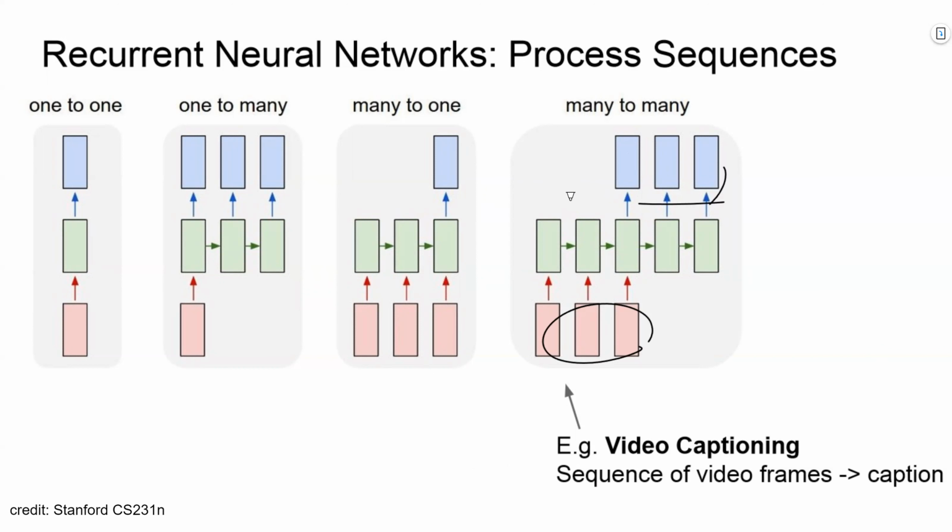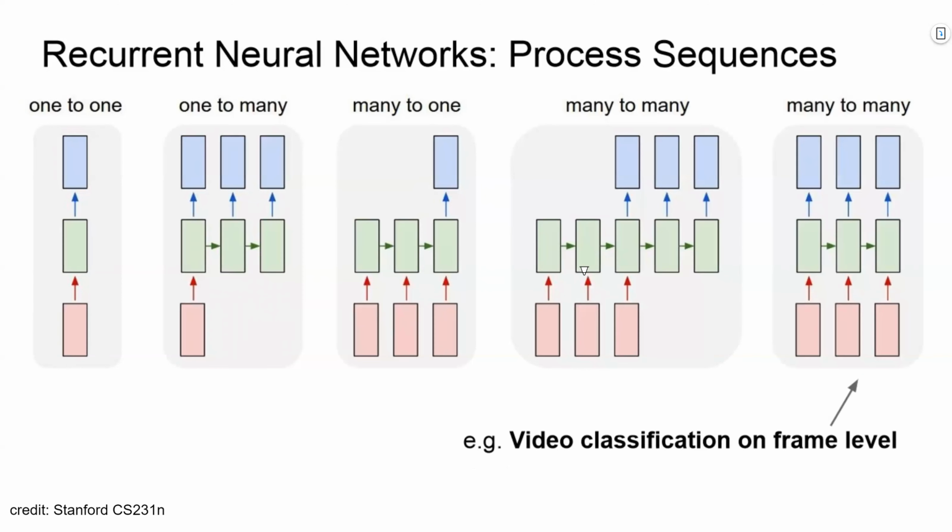And you can see here that there is some lagging. However, there can be different types of many-to-many, like no lagging, where for each word there is an output, like this. This is video classification on the frame level.